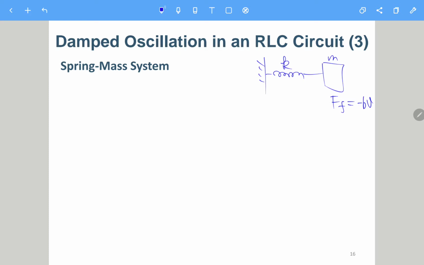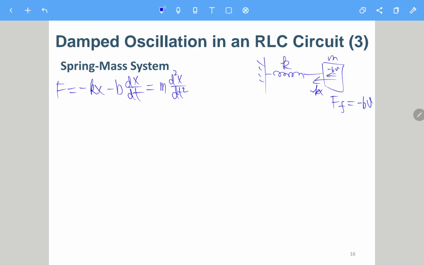So in this case, the force acting on this mass should be negative kx and also negative bv. So F equals negative kx minus bv, and v is the first derivative of the displacement, dx dt. And then ma is m d2x dt2, according to Newton's second law of motion.